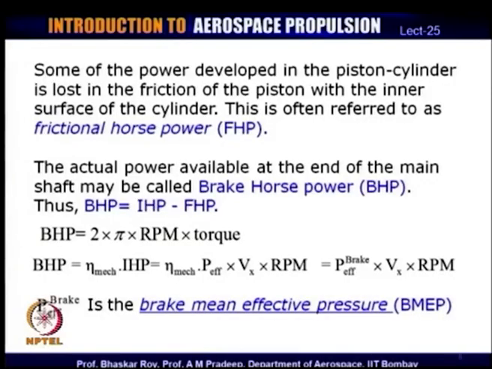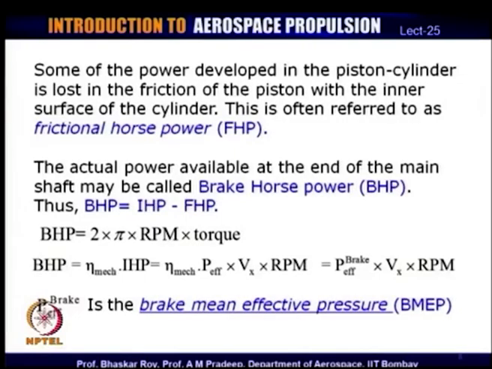Mind you, only one of the strokes is the power stroke, and even during the other strokes, this friction is continuously happening, and as a result a lot of power is lost in overcoming the friction between the piston and the inner surface of the cylinder. This is not a small amount, this is a reasonably good amount, and this needs to be factored into the actual power availability of the engine.